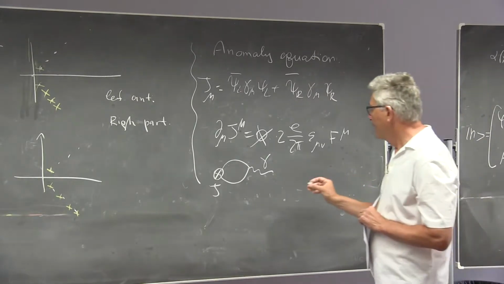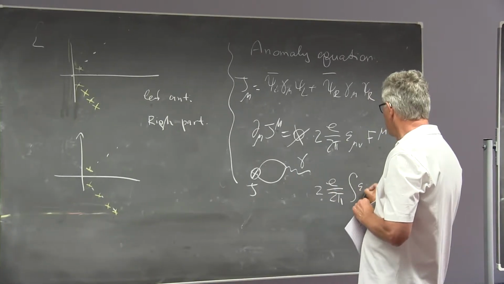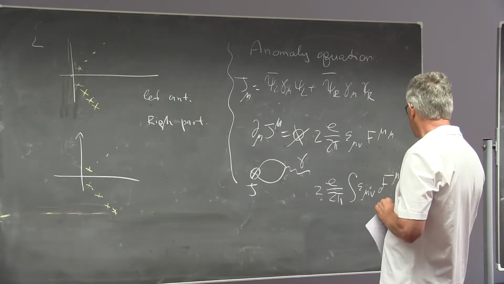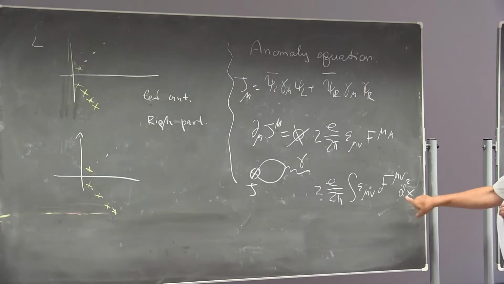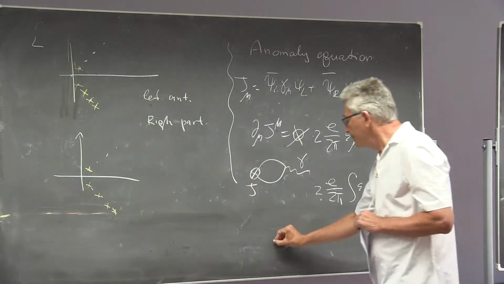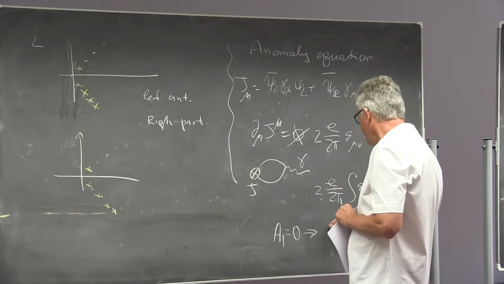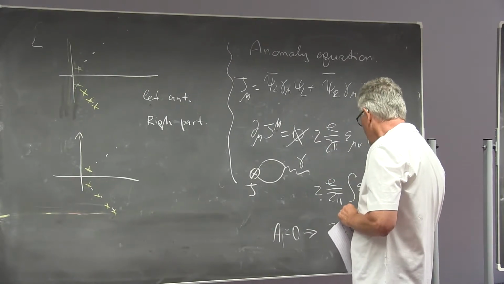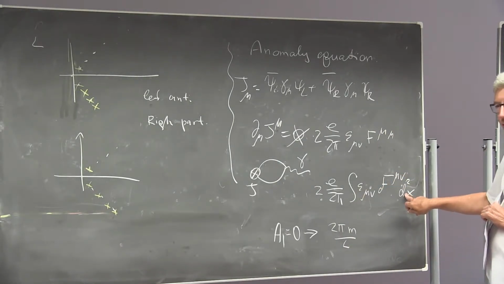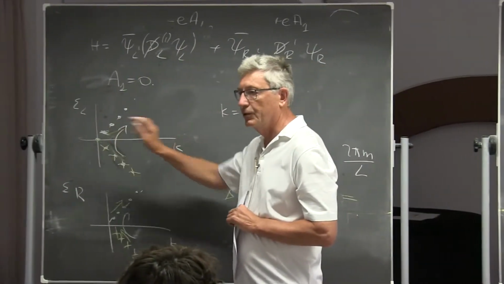That's the integral of 2 over 2 pi epsilon mu nu F mu nu d^2x, computed for the time dependence in which you start from a1 equal to 0, and then you change to 2 pi m over L. You will see exactly that this number is an integer, and this integer is equal to the number of energy levels which cross 0.